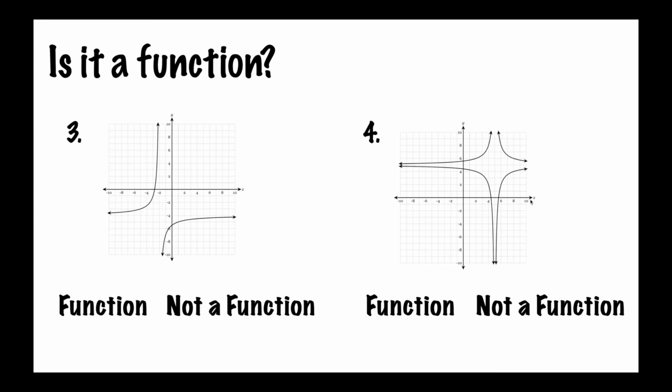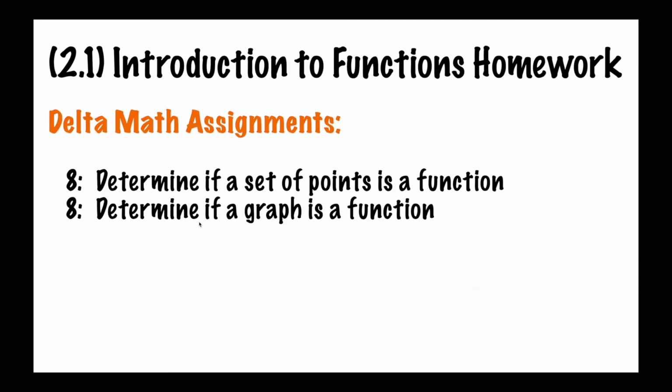Number 3, again, when I try to find a position where it might cross the graph more than one time, I can't find that. Everywhere that I would possibly put this vertical line, it would only cross my graph one time, so this one is a function. And then for number 4, there are several locations that I could put a vertical line that would pass through the graph twice, and therefore this one is not a function.